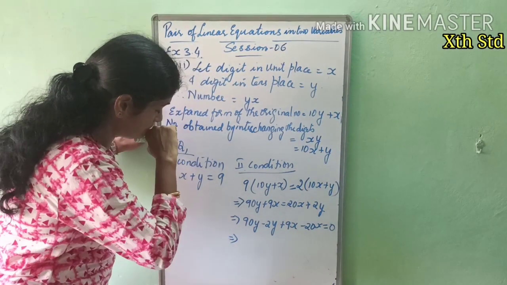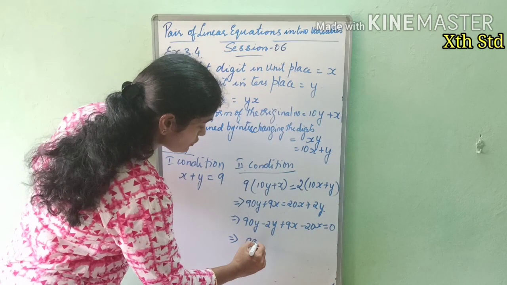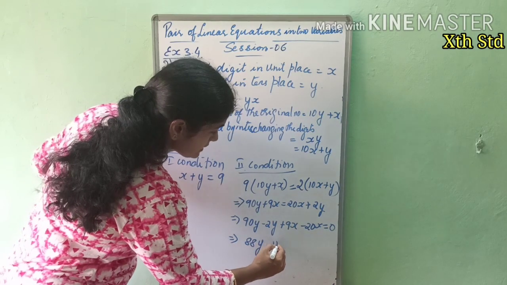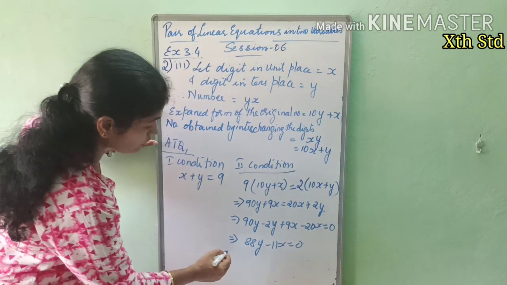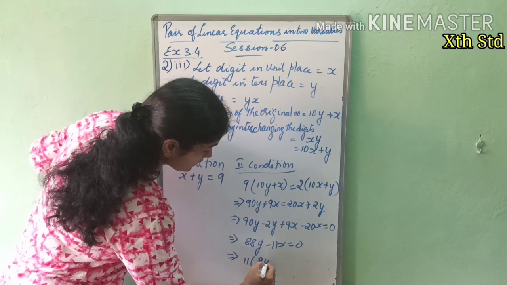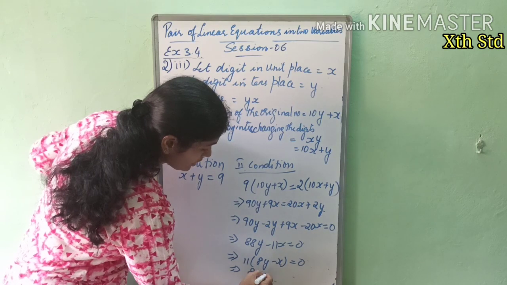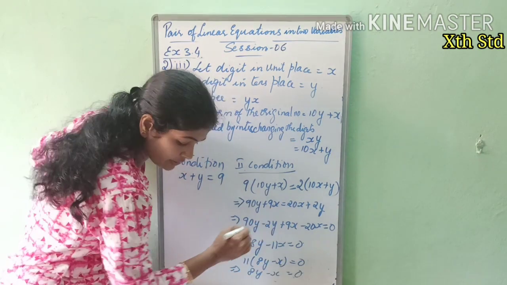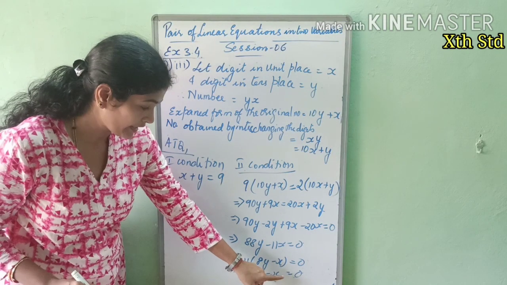So how much is it? 90 minus 2, 88y minus 11x is equal to 0, right? If you take out 11 as common, you get 8y minus x is equal to 0, which implies 8y minus x equal to 0, correct? This is the equation, 8y minus x is equal to 0.